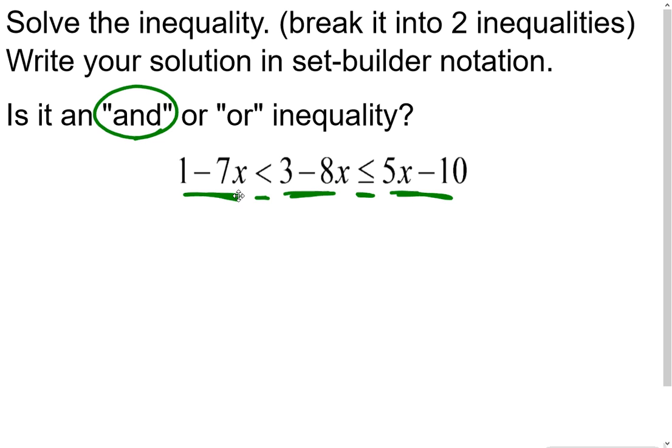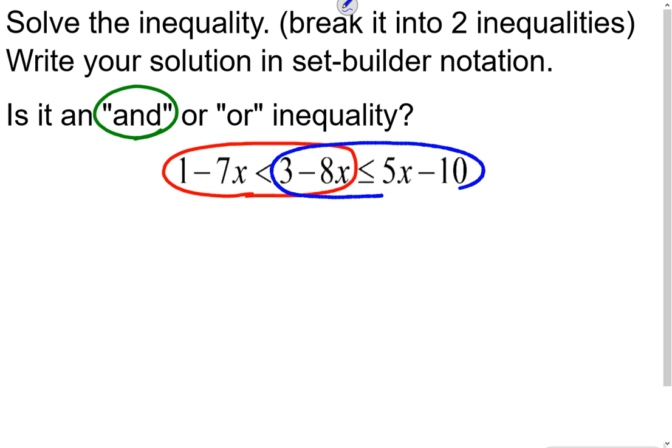So what we want to do then is break this into two inequalities like I have noted up above. Those two inequalities are the one to the left, and then the one to the right. Notice both of these inequalities share the middle part.